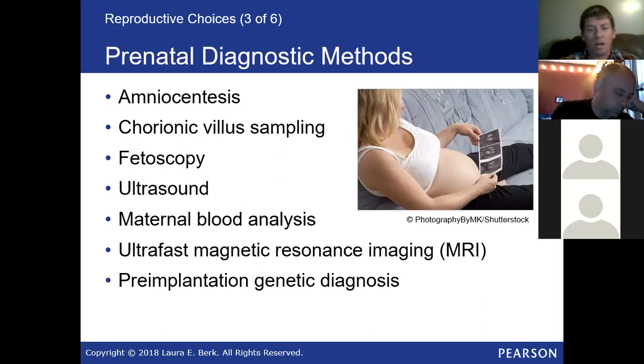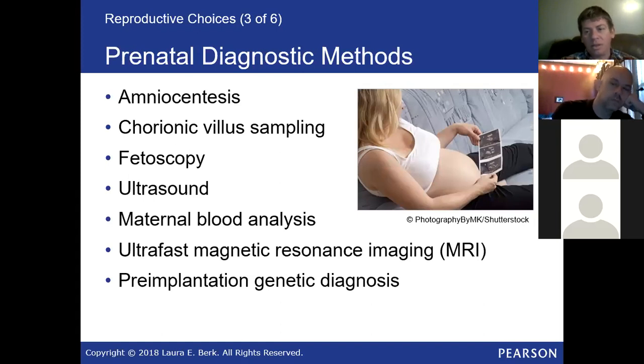Ultrasound. Maternal blood analysis, drawing blood. That's regular. So are the ultrasounds. Ultra fast magnetic resonance imaging. Essentially, they can use MRIs, which will give you a better picture than say an ultrasound. But they do it in quick shots, and they focus on specific regions of, like, the brain, for example.